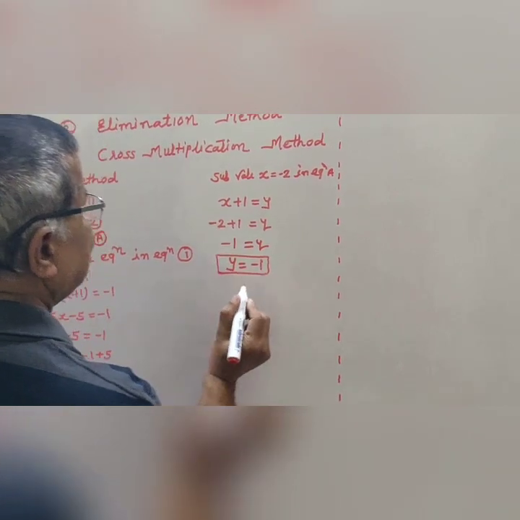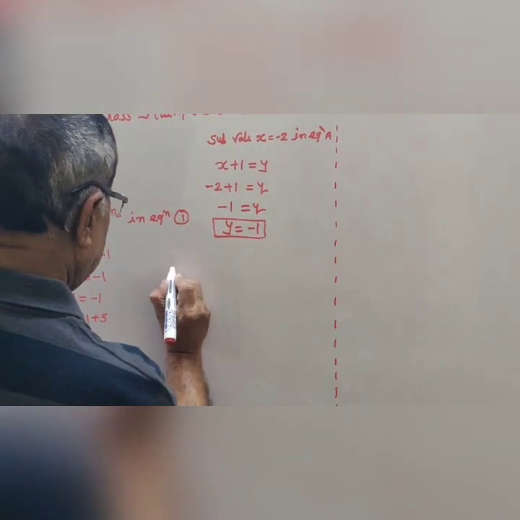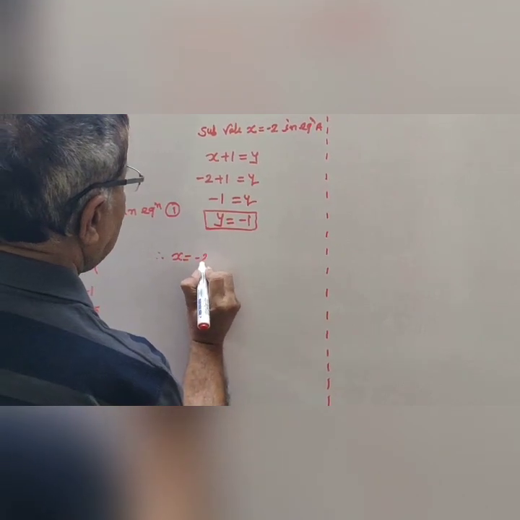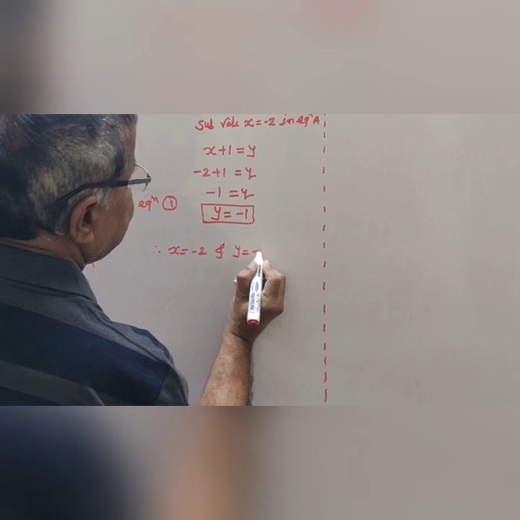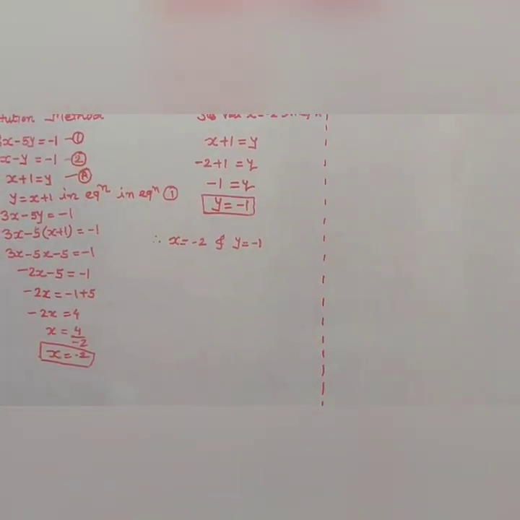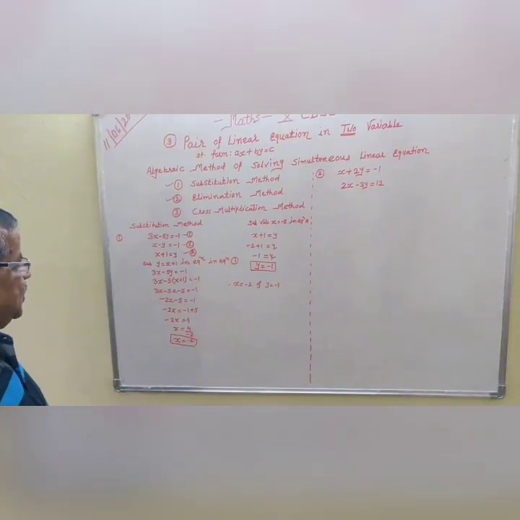So I get the value of x as well as the value of y. Therefore I can write x is equal to minus 2 and y is equal to minus 1. These are the solutions of the given simultaneous linear equations in two variables. This is the substitution method.